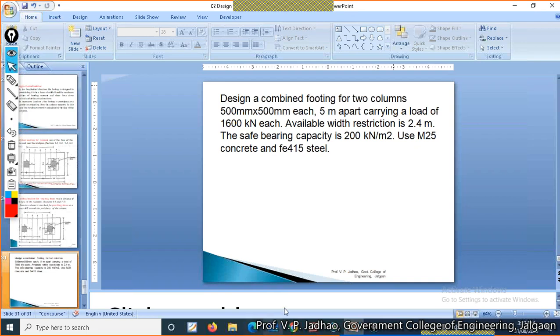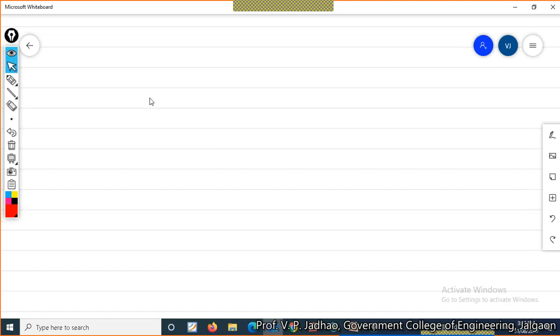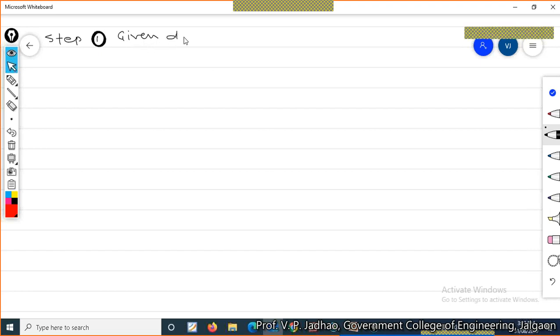Step number one is the given data. So what is given to us? Column size is given: 500 mm by 500 mm.